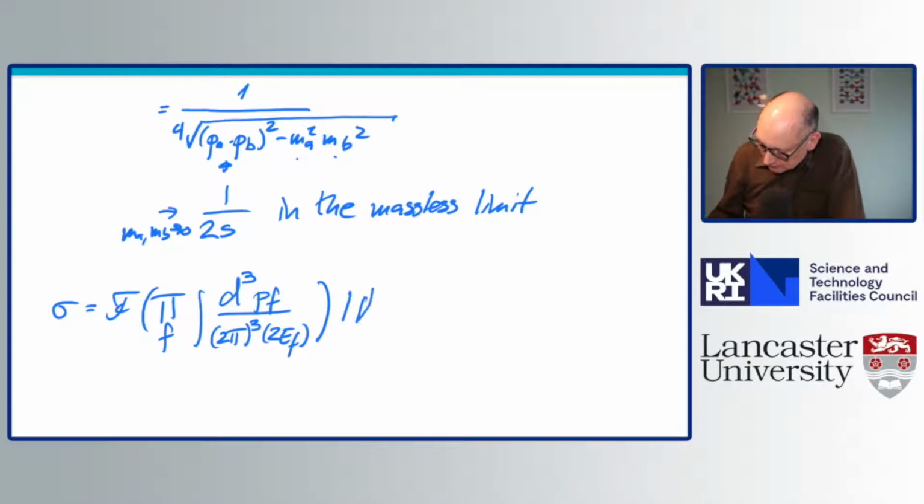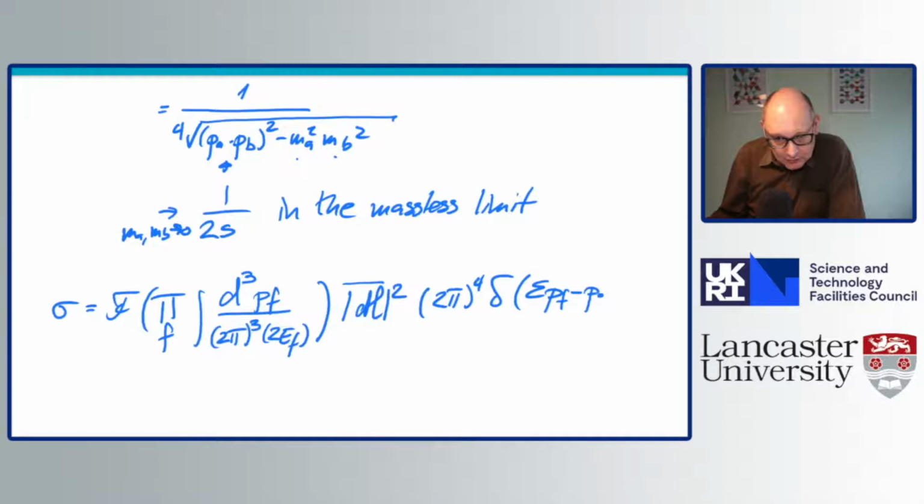times our scattering amplitude, and often it's the spin summed and averaged, not always, but often it's a spin summed and averaged cross-section we are interested in, times (2π)^4, and then the constraint that the sum over final state energies or momenta is equal to the incoming energy.